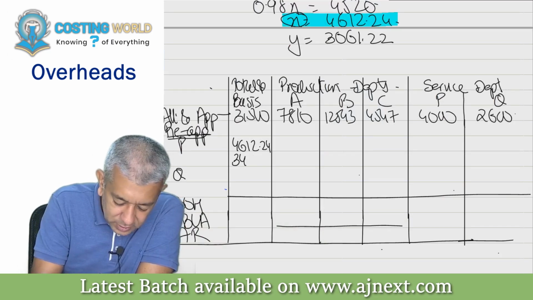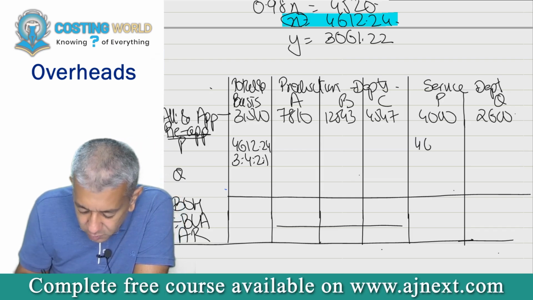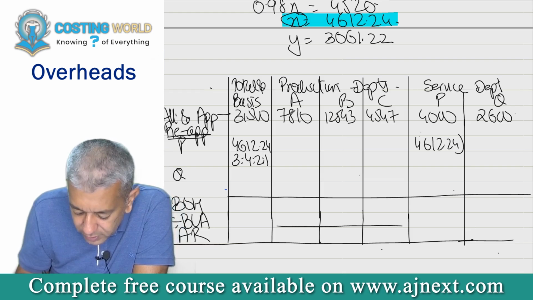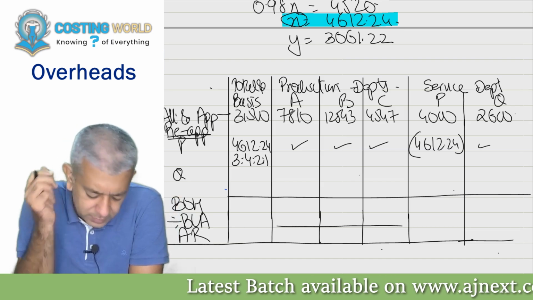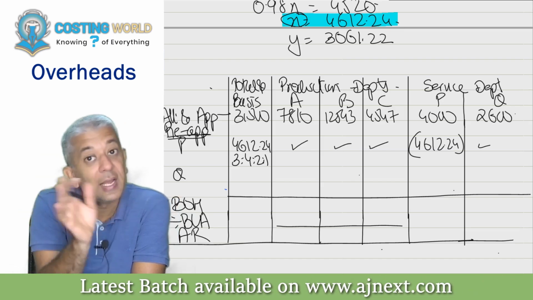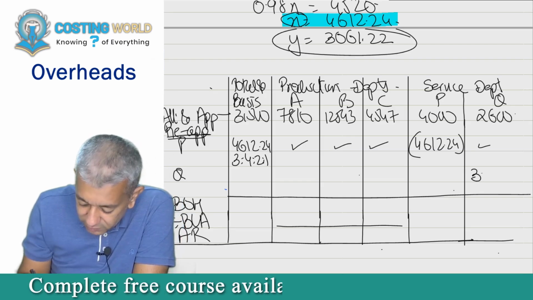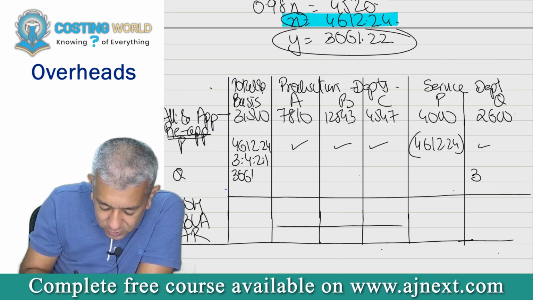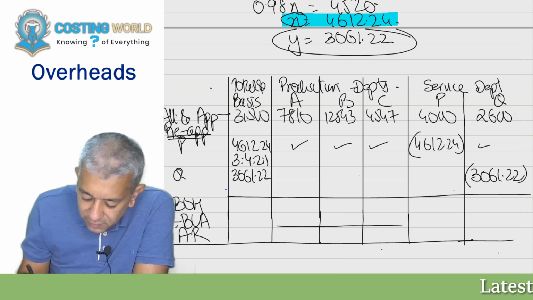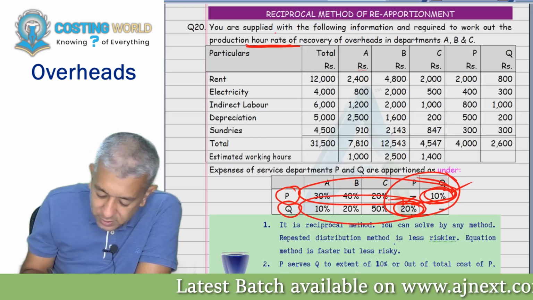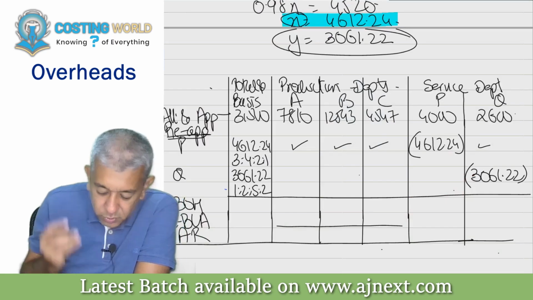3:4:2:1. So therefore, I subtract 4612.24 from here and take that among the other departments in this ratio. Then in this case, I again take Q. Q's total overheads is this particular figure. So therefore, that I'll write down over here, 3061.22. Divide Q's cost among the other departments in the ratio of 1:2:5:2.